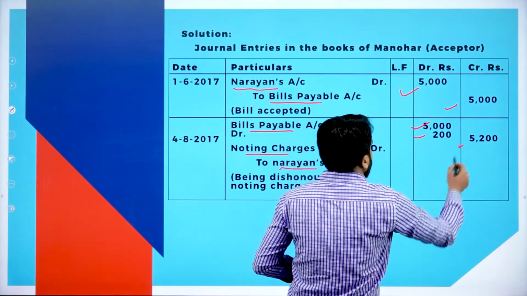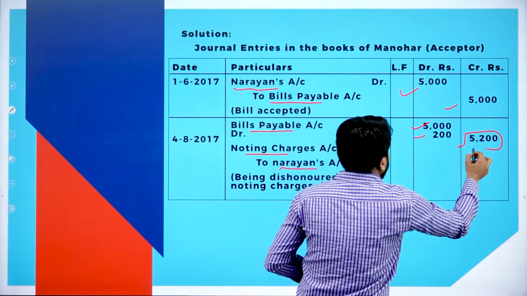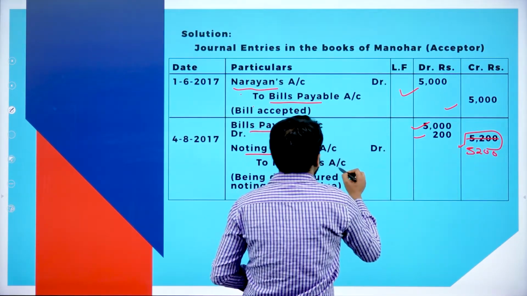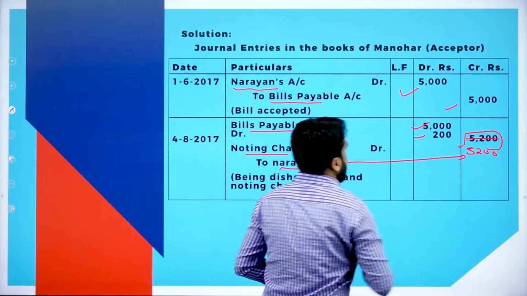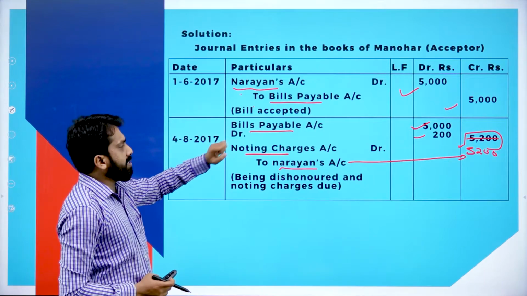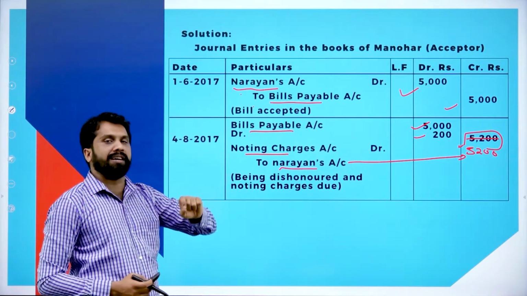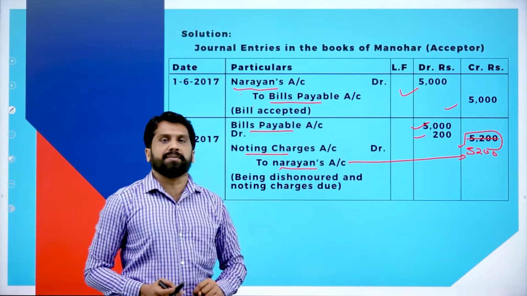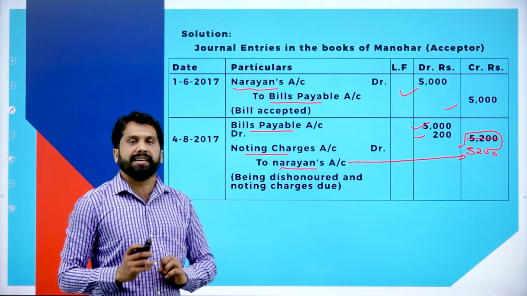What is the total value? It should come here, 5,200, in the same line. 5,000 plus 200, together we should add to 5,200. That will be Narayan account. Hope you are clear. Yes.